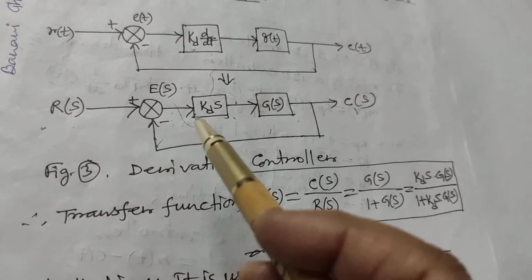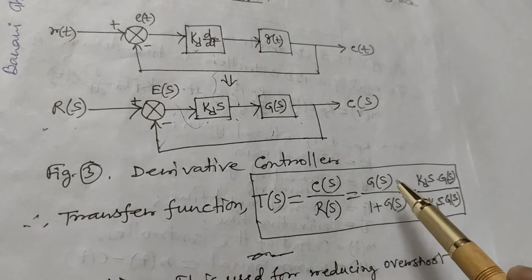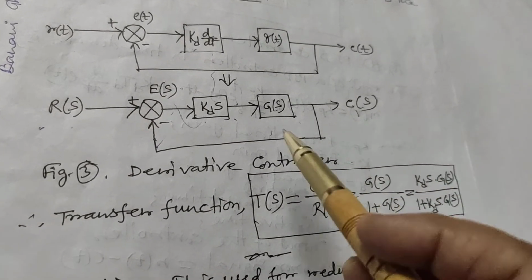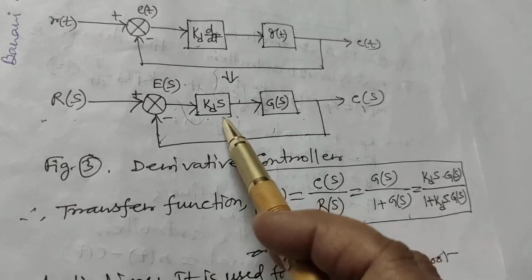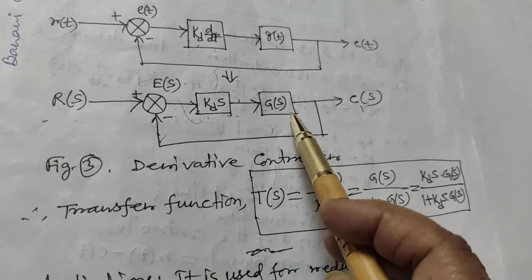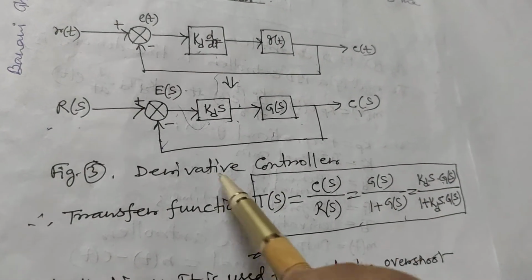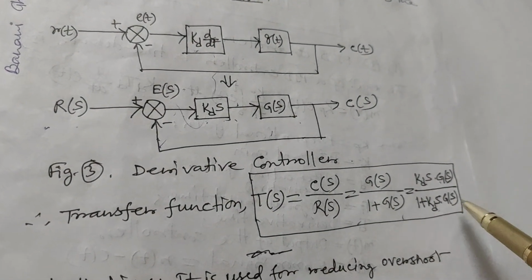Here G(s) is the multiplication of the gain and the transfer function, so C(s)/R(s) = Kd s G(s)/(1 + Kd s G(s)).